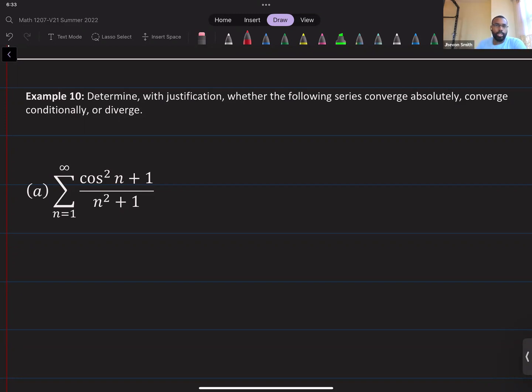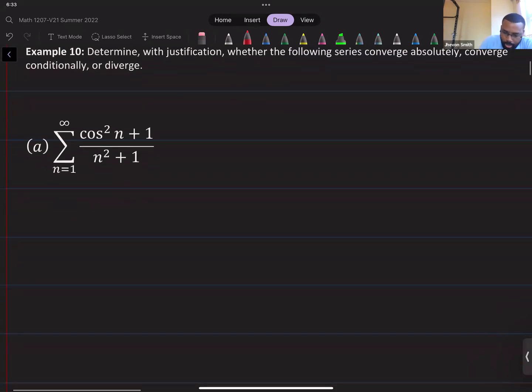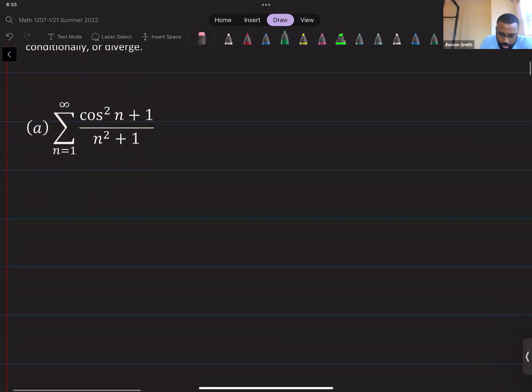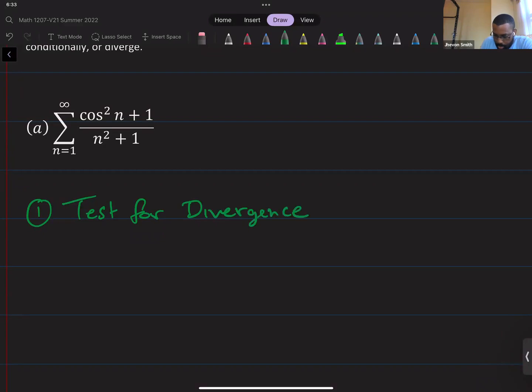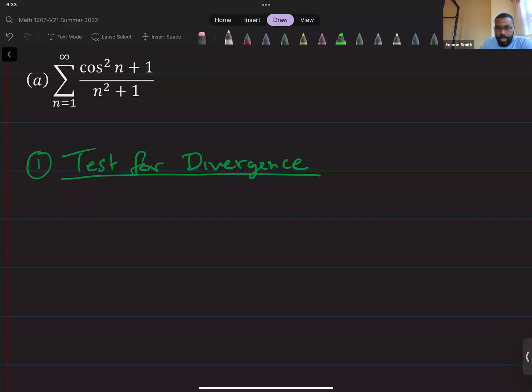Okay, so how do we actually go about doing that? Like I said, there's a 3-step process. The first thing we're going to do, I'll just show you with this example, is try the test for divergence, because if that works out, that's going to be the quickest thing to verify.